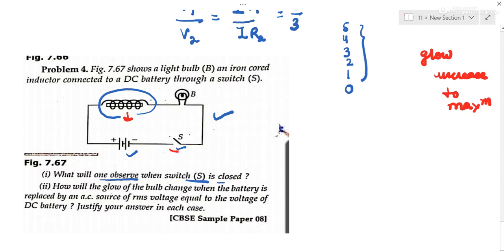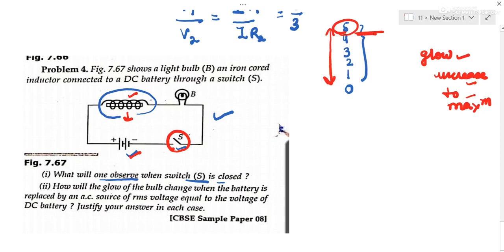As we close the switch, current will increase. EMF will be induced for a moment as long as current is increasing. This is for a fraction of a second. So within a fraction of a second, the bulb will glow to its maximum. Once it is reading 5 ampere, there is no role of inductance because current becomes constant.